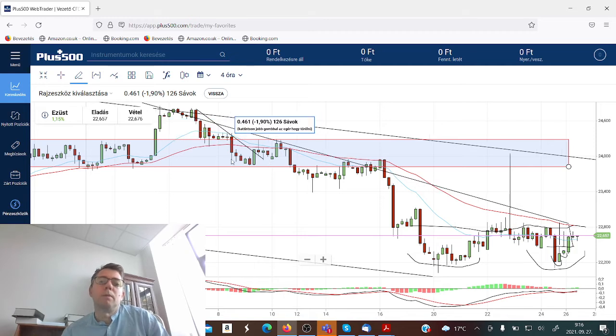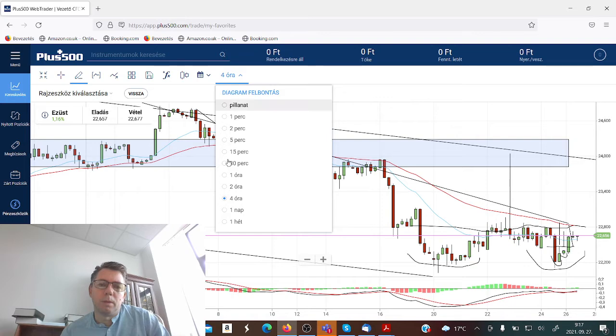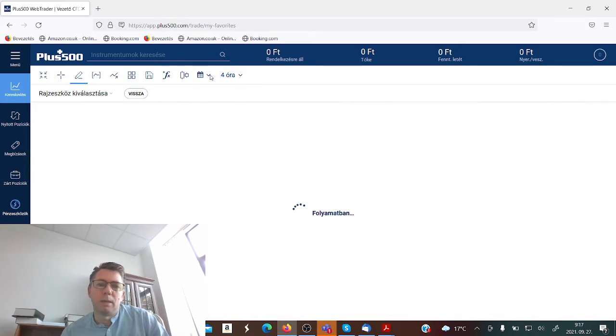As you can see, we have a big resistance in this area. So I think we are on our way to 24, and here we will probably stop and make a zigzag, and then we will see what happens. We might fall back, but we might also break up. Let's see what the daily chart is telling us.